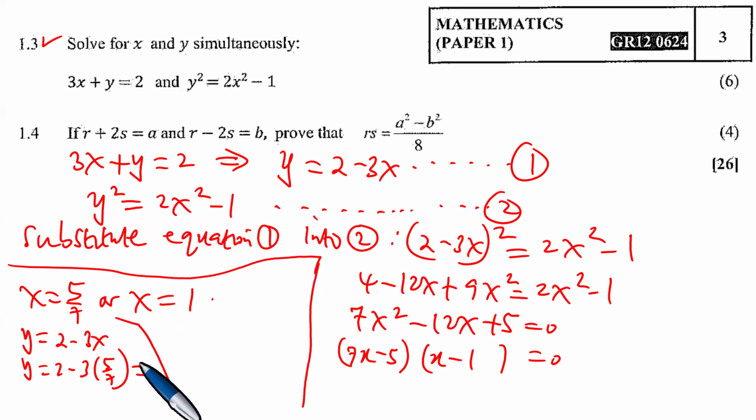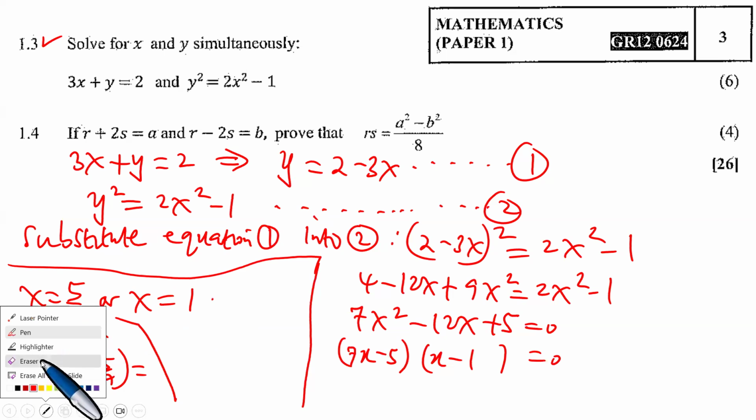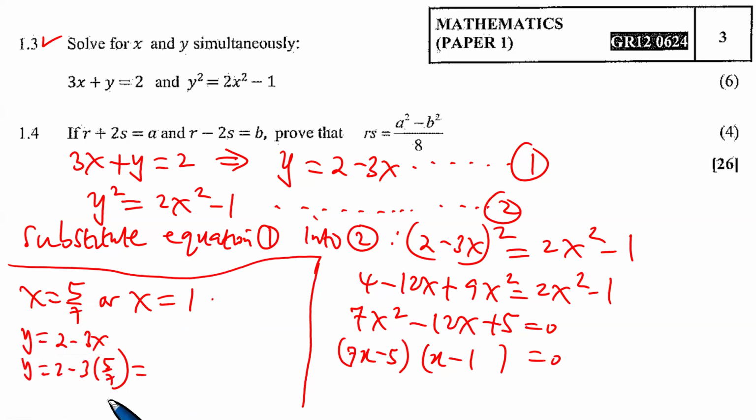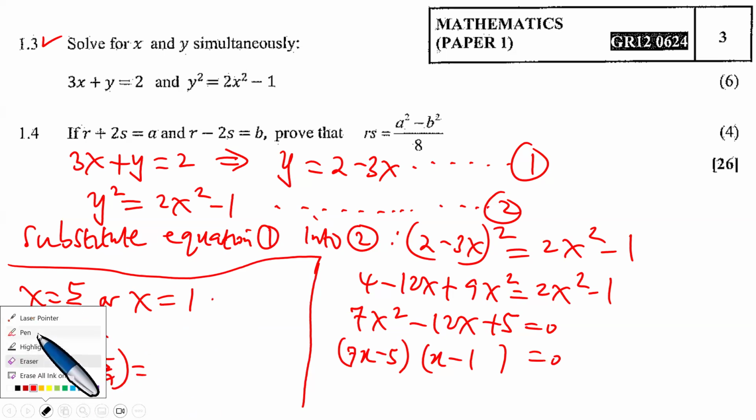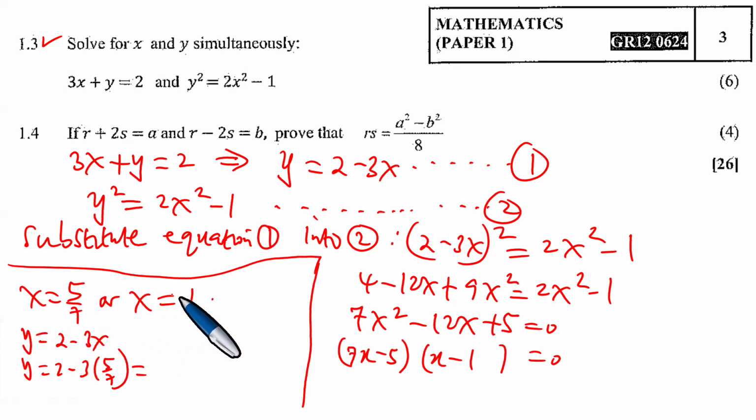We shall simplify. 3 times 5 is 15, so that you have 2 minus 15 over 7. 2 times 7 is 14, minus 15, which is negative 1 over 7.